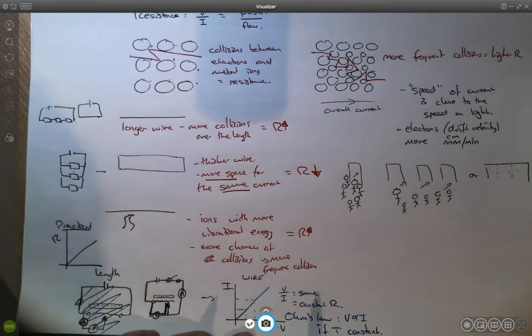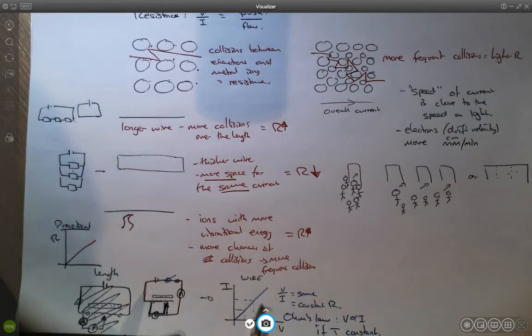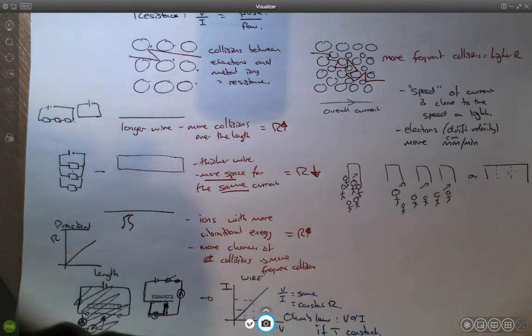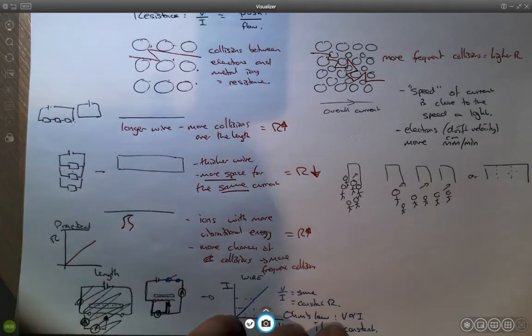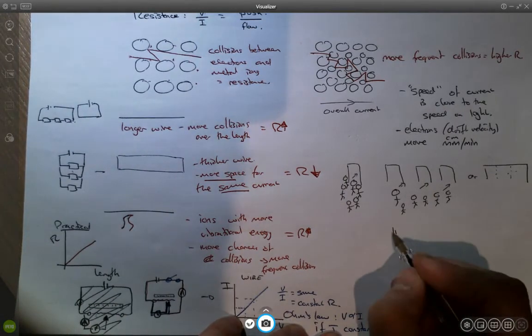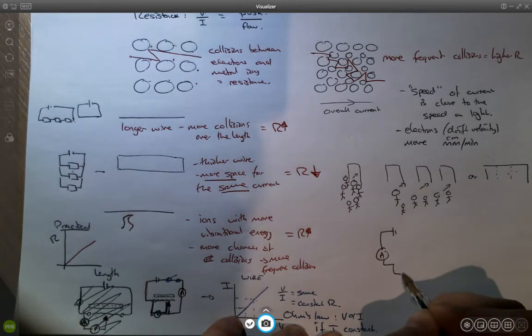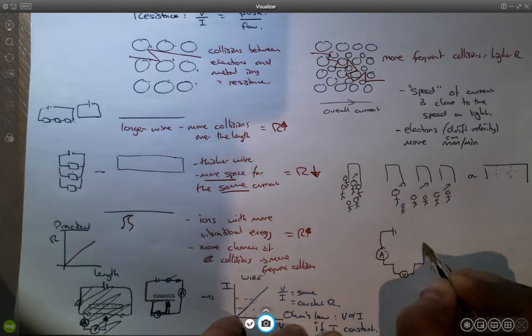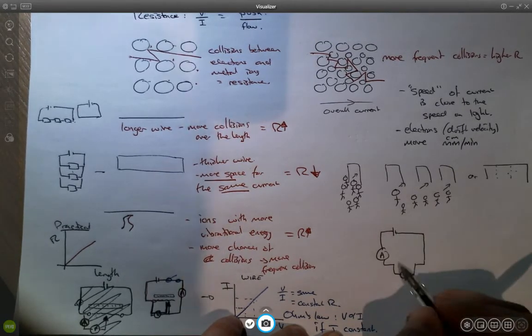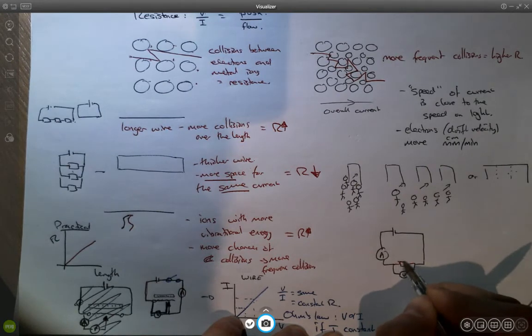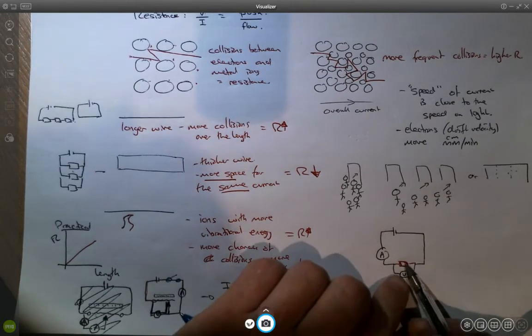Obviously this doesn't come directly from this because we're changing the length, but it's a related practical where you will place a voltmeter in parallel and an ammeter in series, and then you will put a resistor here, or you might put a bulb here, and then you vary the potential difference across this.